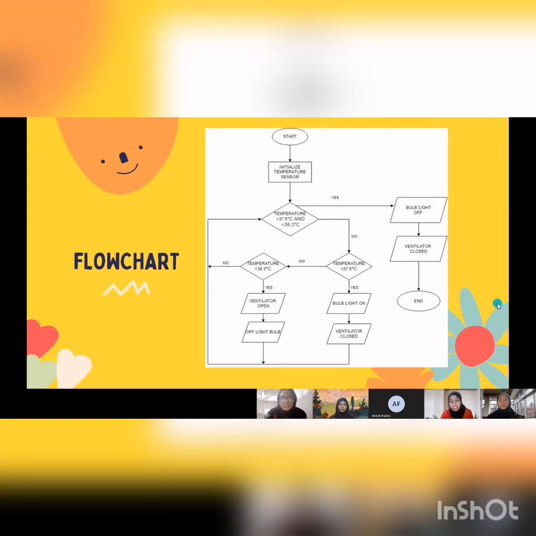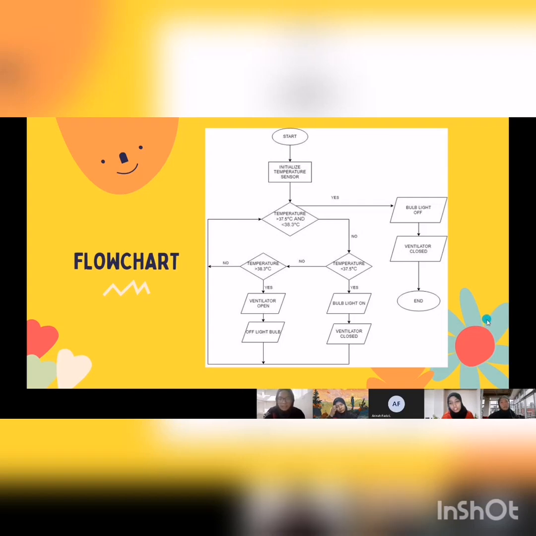For this flowchart, when we start our system, our temperature sensor will initialize the surrounding temperature of the incubator. When the temperature is above 37.5 Celsius and below 38.3 Celsius, the bulb to heat up the incubator is off and the ventilator will be closed because the temperature is suitable for the egg.